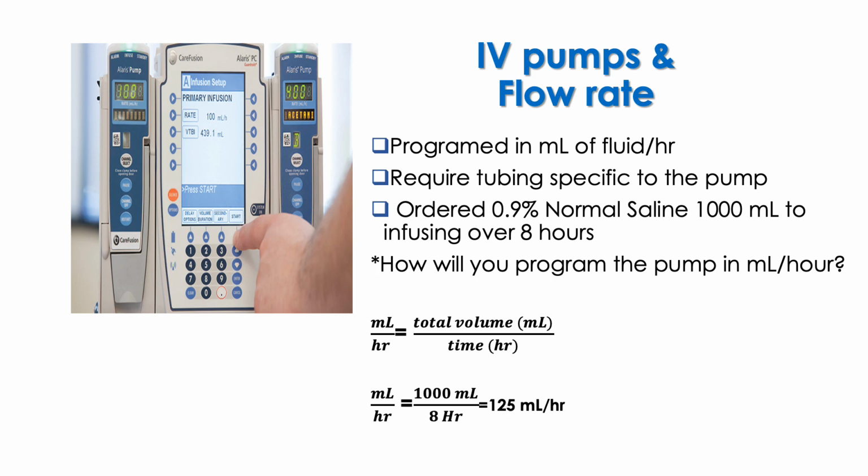Milliliters per hour equals the total volume, which is 1,000 milliliters in our example, over the time in hours, which the order is for 8 hours. So 1,000 milliliters over 8 hours equals 125 milliliters per hour. So under rate, we would program in 125. And then under volume to be infused, the total volume that the patient is to receive would be 1,000 milliliters.